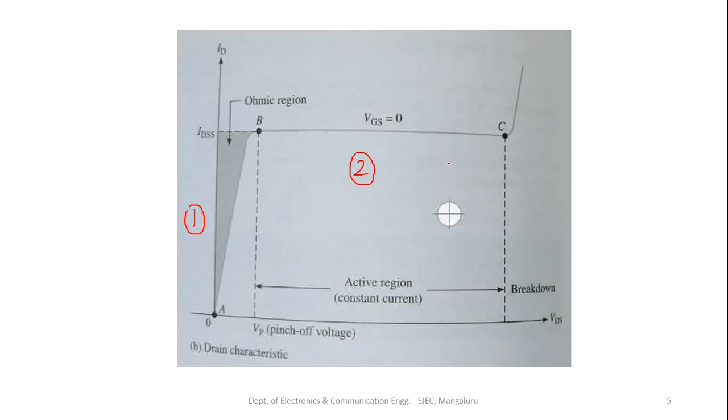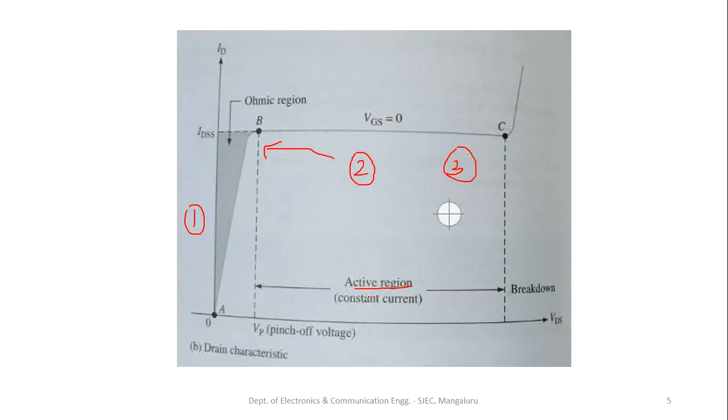This is the second case, where there is a curve. Then the third case, when VGS is still 0 and the current ID is constant. This is the saturation region, or the active region, where the current becomes constant. So this is the third case where we have further increased the VDS, but VGS is still maintained at 0.